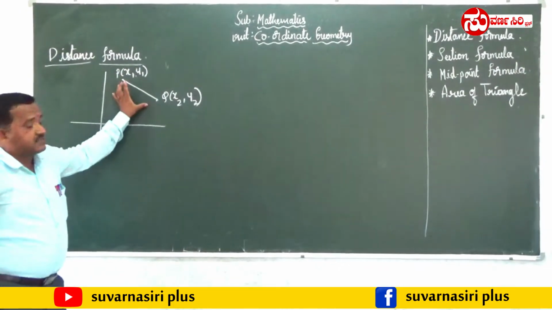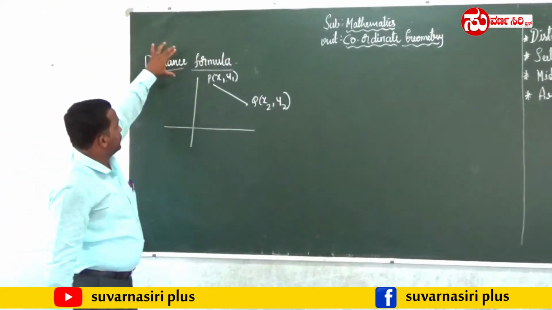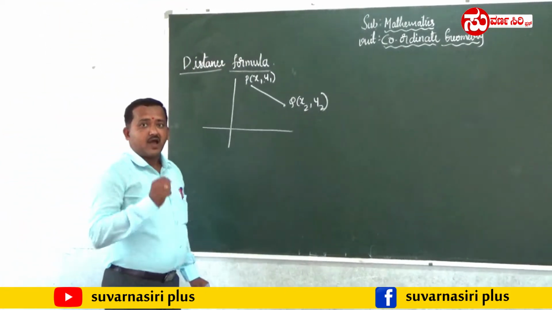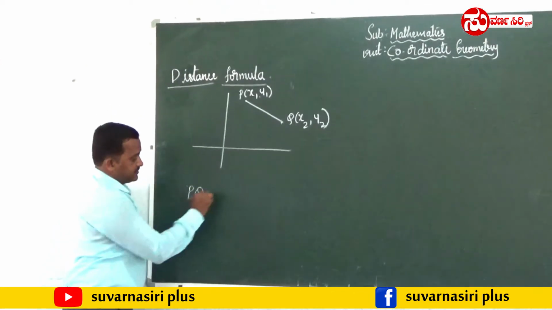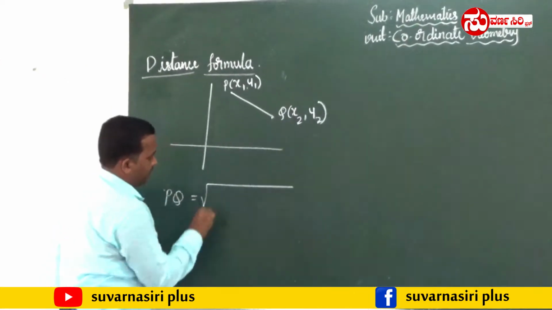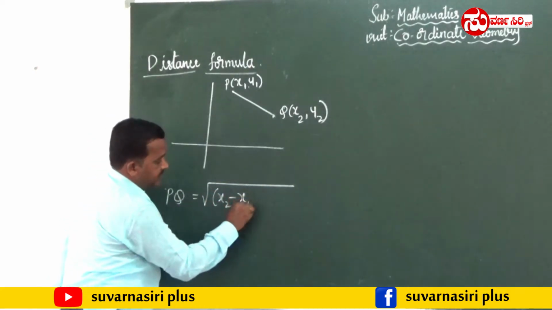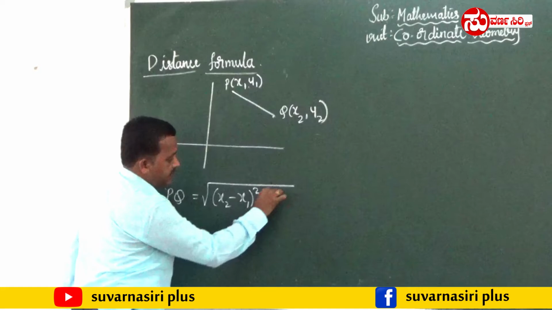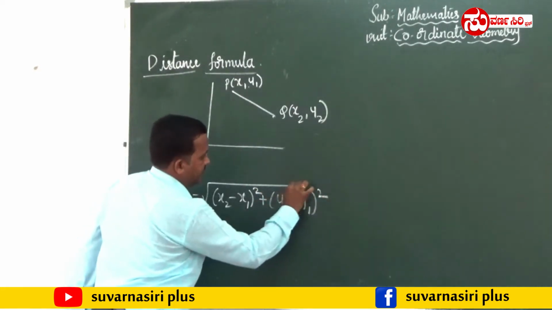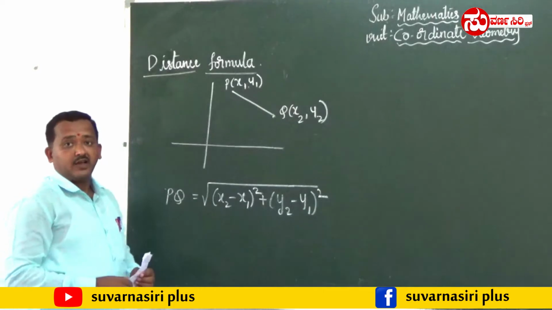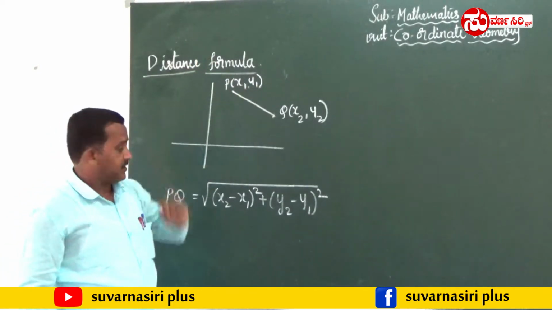To find it we have a formula called the distance formula. PQ is given by the square root of (x2 minus x1) whole square plus (y2 minus y1) whole square. This is the formula used to find the distance between 2 coordinate points.